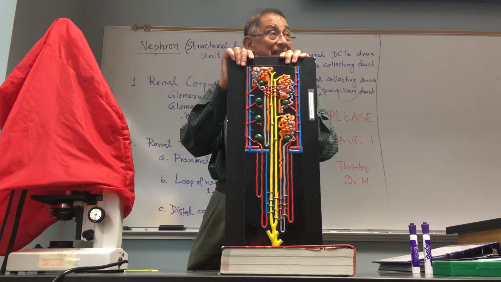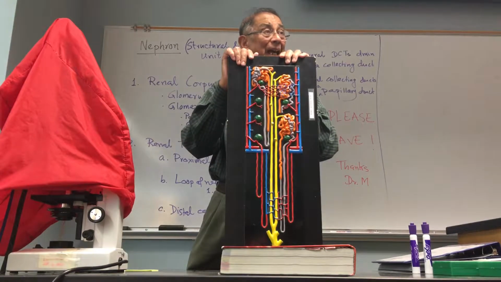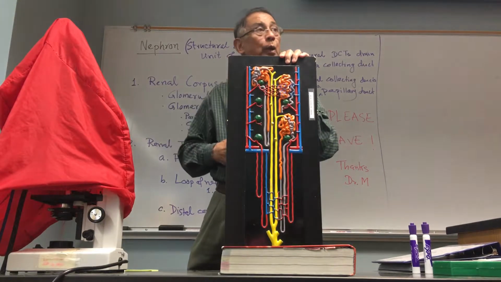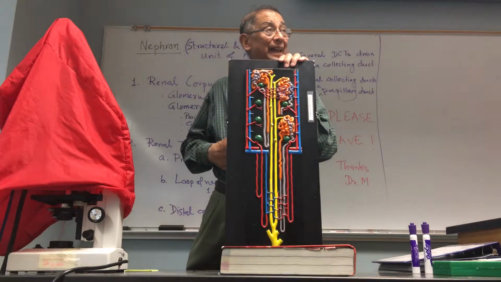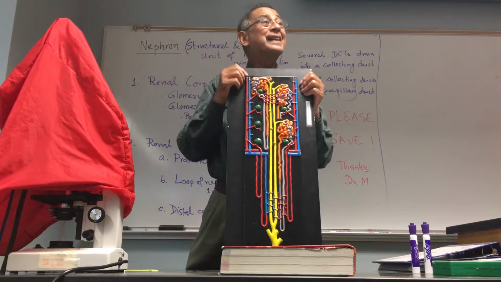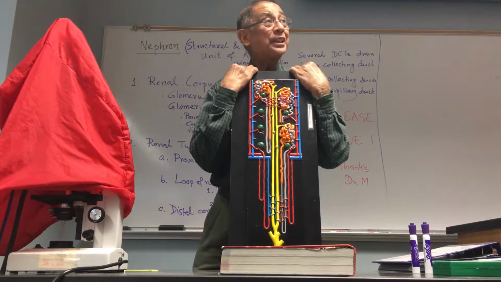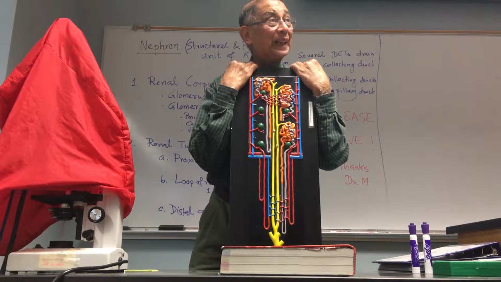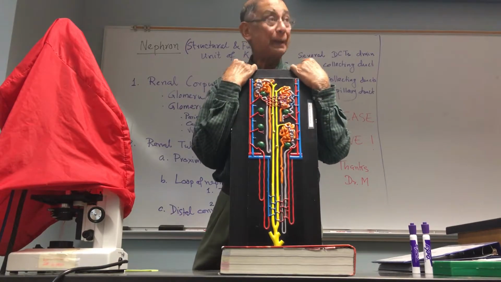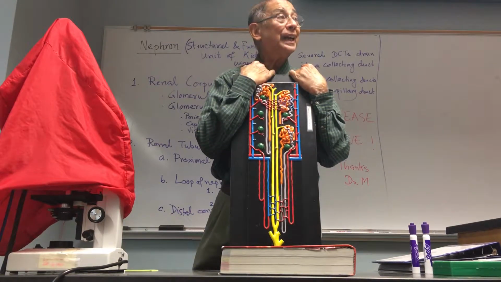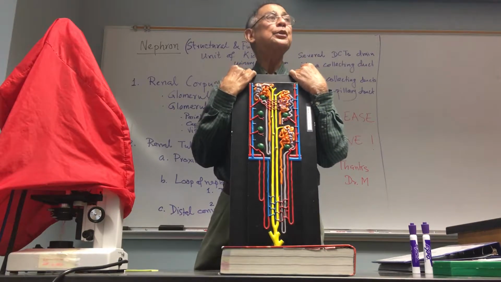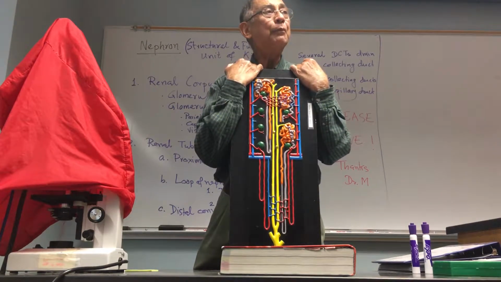So all the glomeruli in both kidneys process about 180 liters of blood. But we have only 5 to 6 liters of blood. Do you get that? If you compute for a day, for 24 hours, it will be 180 liters of filtrate, which is enough to fill a 50-gallon barrel.